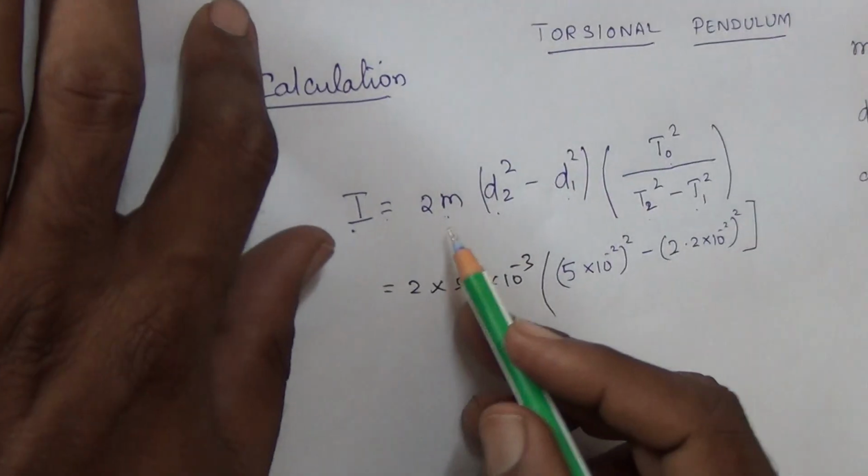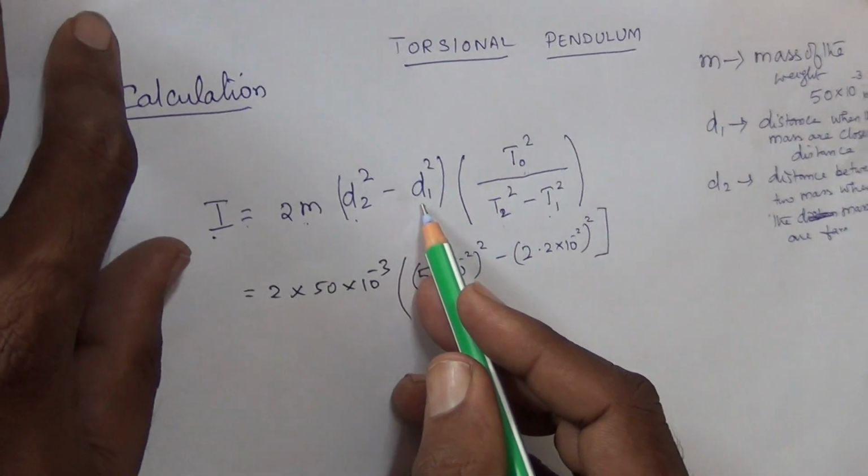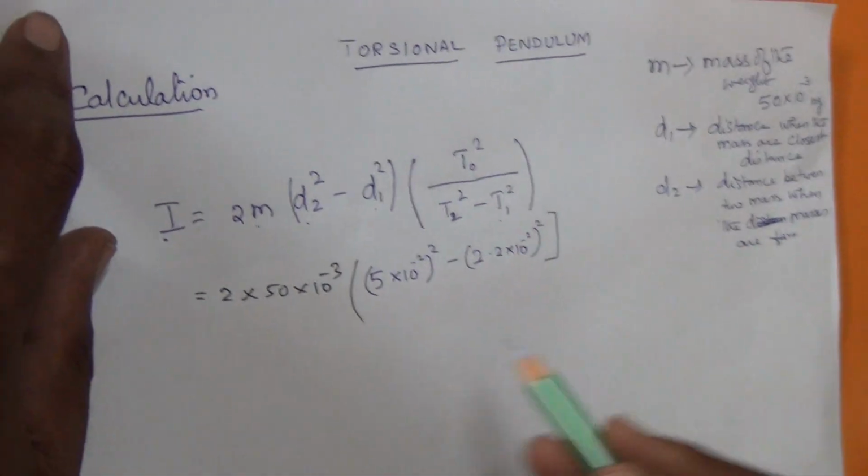So we have 2m into d2 square minus d1 square, times T0 square.